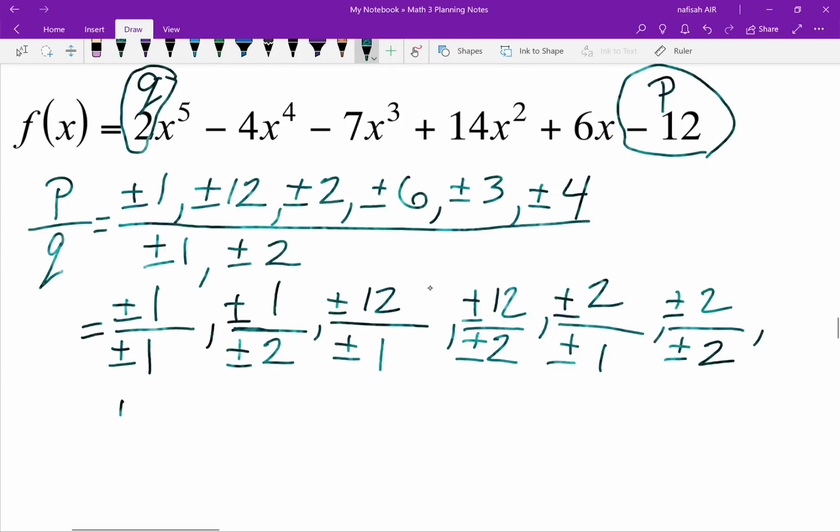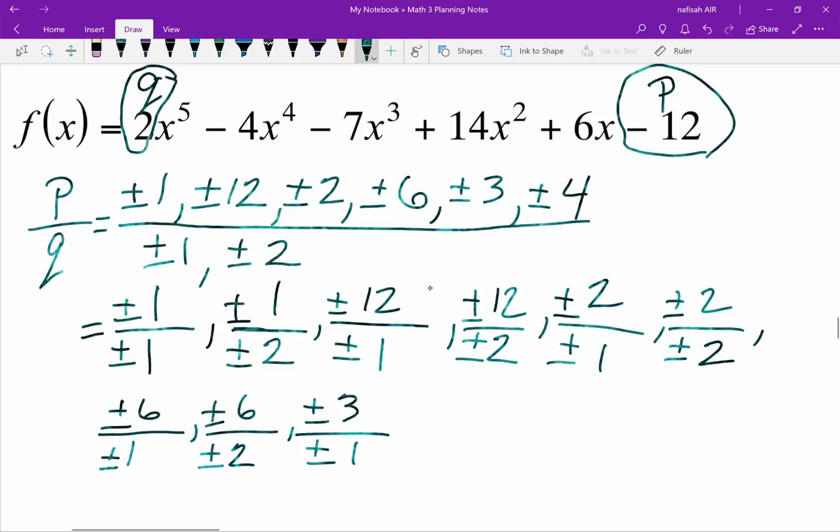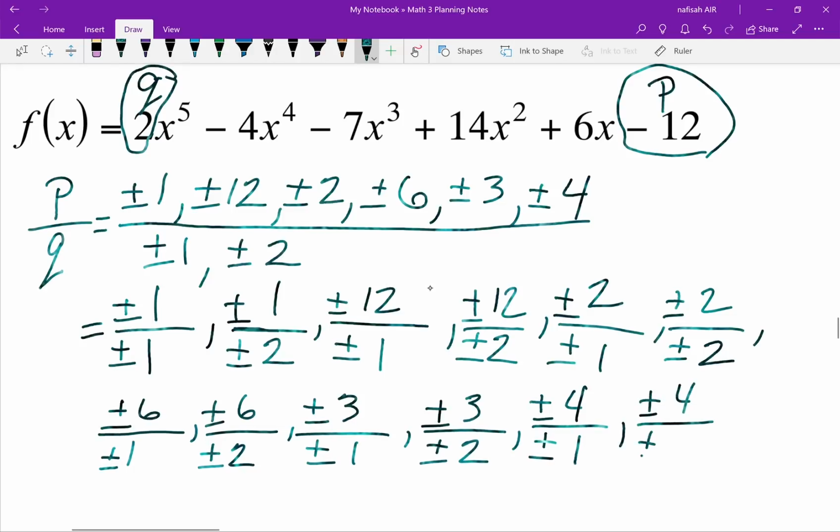I'm going to go on to my next one, divided by everything in my denominator. My next one in the numerator, and I'm going to divide it by everything in the denominator. And finally, my last number in the numerator will be divided by everything in my denominator. I've found all of my possible rational roots.